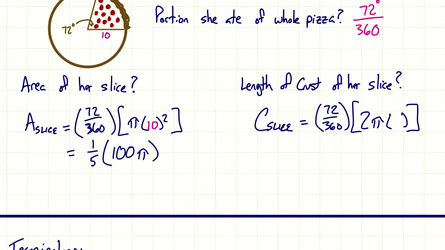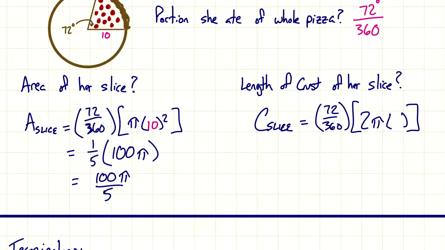We want to multiply that by 1/5. So that's the same as 100 pi over 5. So if for some reason it doesn't go in nicely, let's say it was 100 pi over 3, then it's okay to leave your answer as a fraction. So that's another possibility as well.